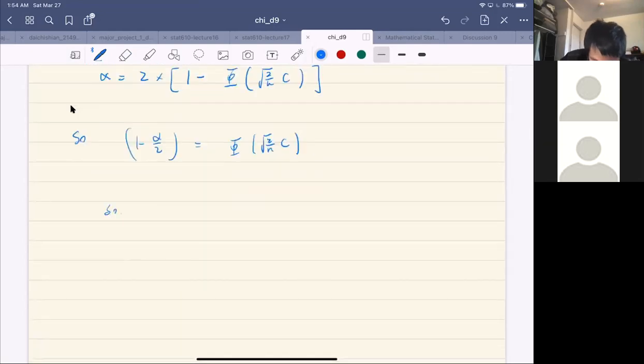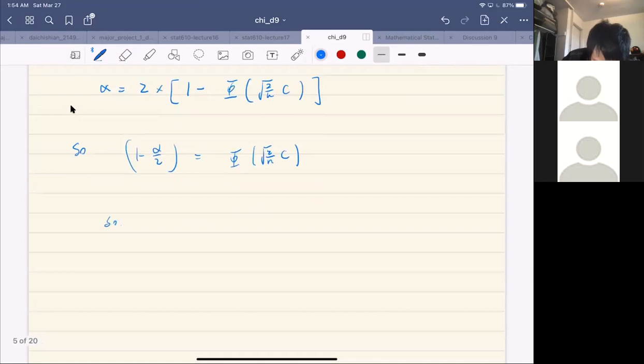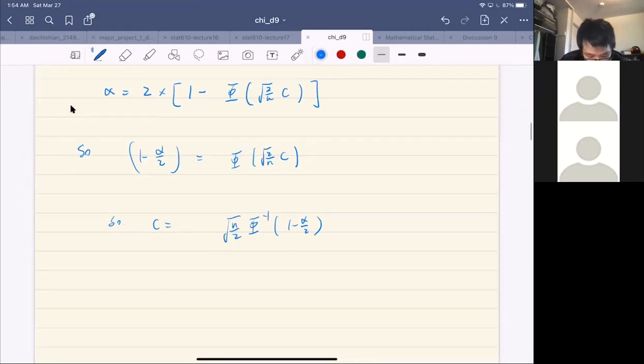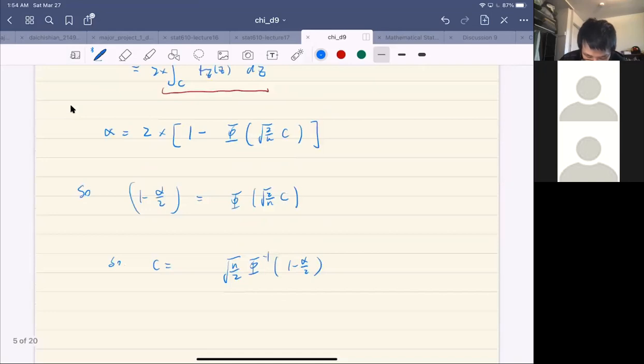So the C should be the inverse of this, and it's not true. It's 2 over n or n over 2.